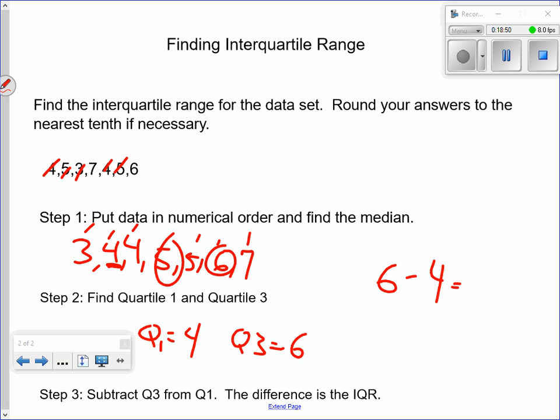Equals 2, which equals the IQR. So finding the interquartile range is very, very easy. It's just the first 2 steps of the box and whisker plot, and then subtracting them. Easy enough? Okay.